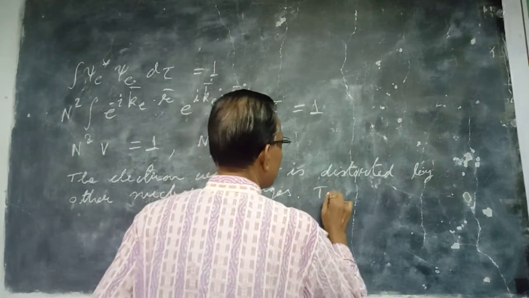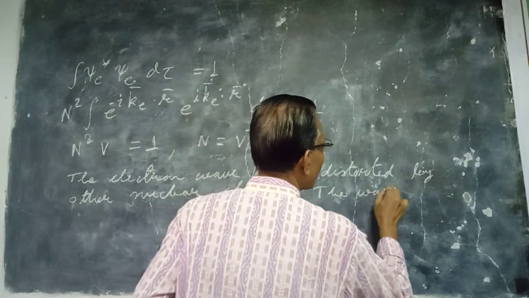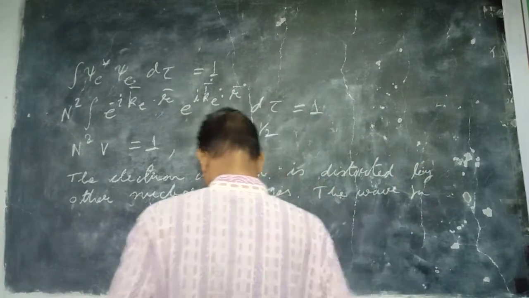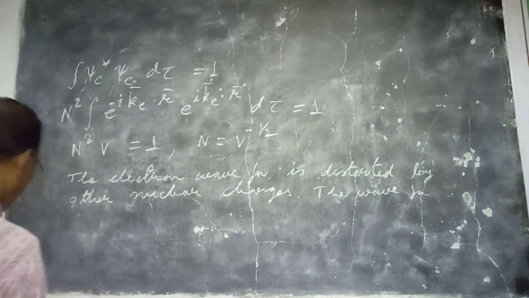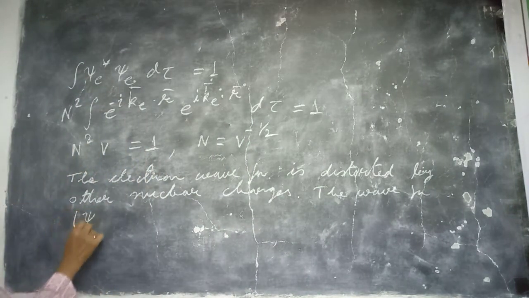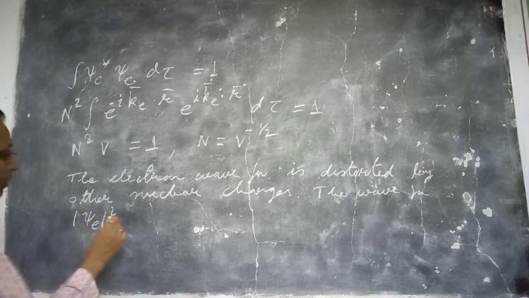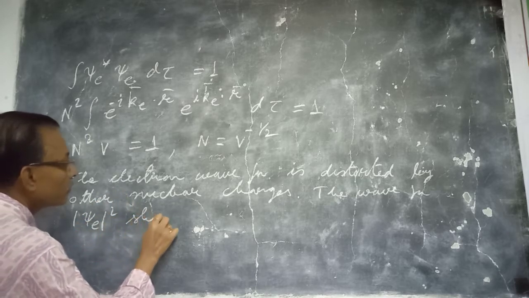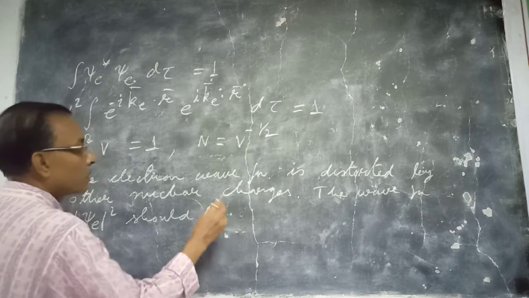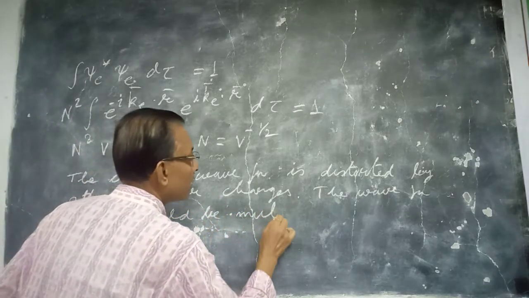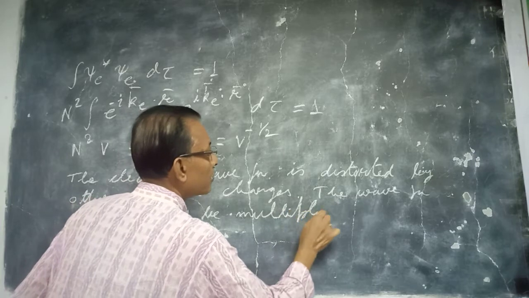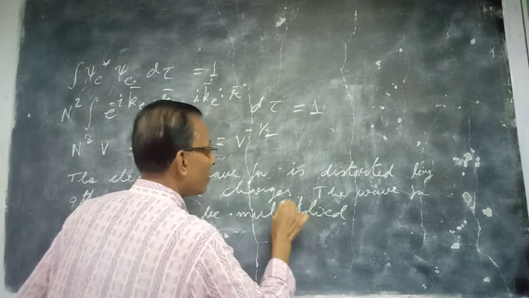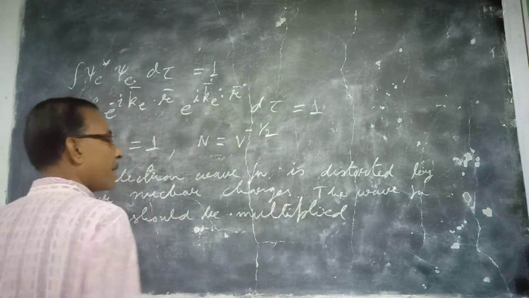Therefore, the psi_e mod square, only the electron wave function, should be multiplied by the Coulomb factor.